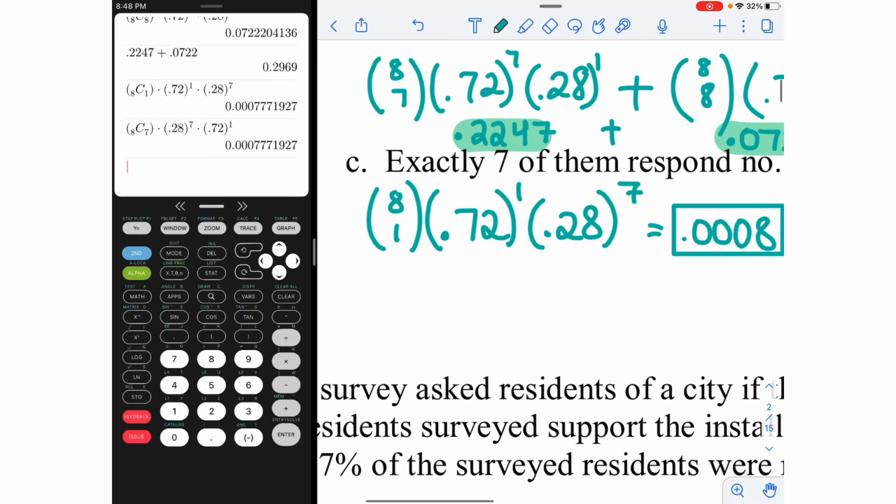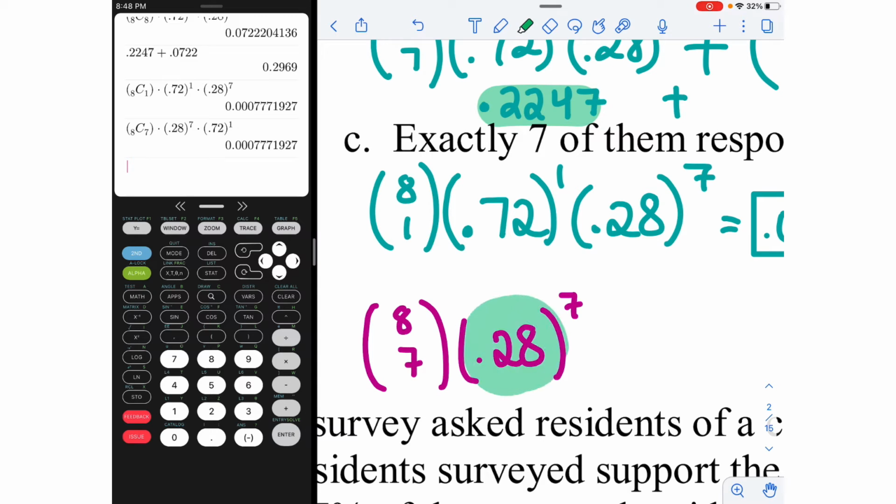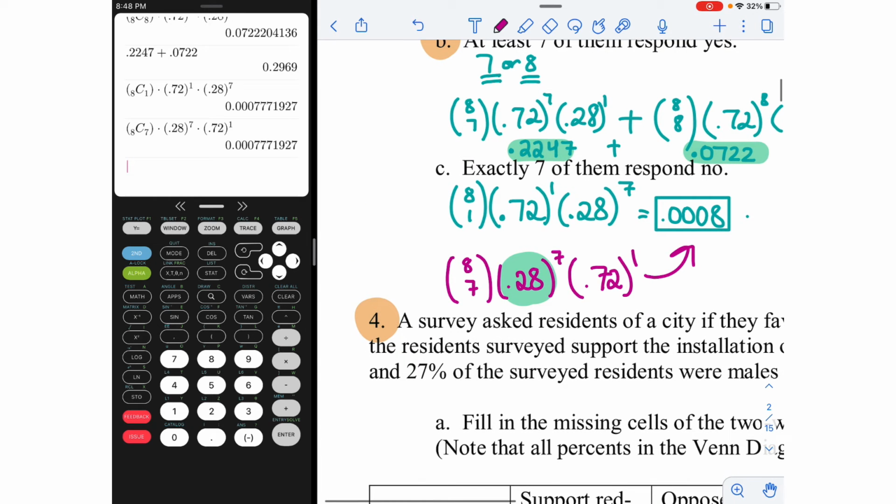So another way that you could do this, I'm going to show you what I did there, is 8 choose 7. But we want 7 no's. So that's why I switched this around. So this is the probability that it's a no. And then that means that we would just have 1 yes. But it doesn't matter if you do it this way or this way, you should get that same answer. So this is the correct answer, 0.0008.